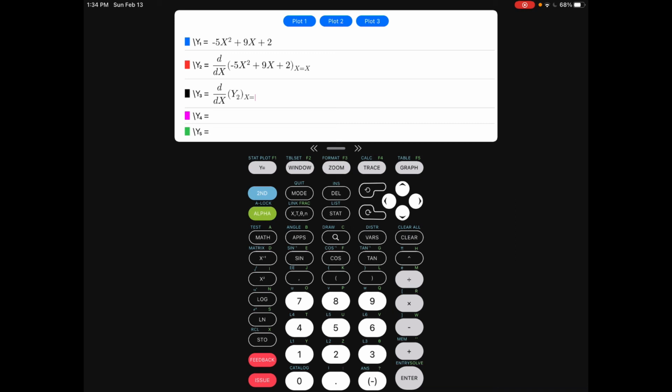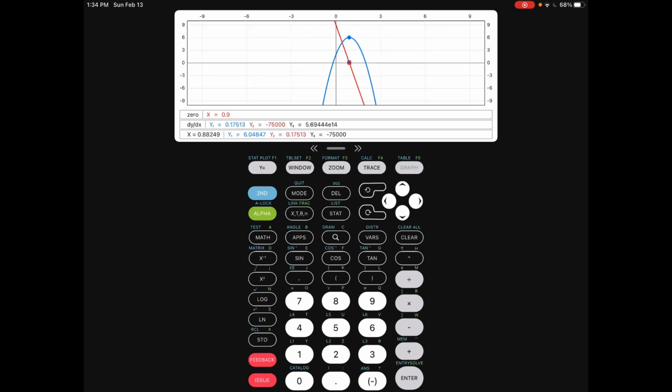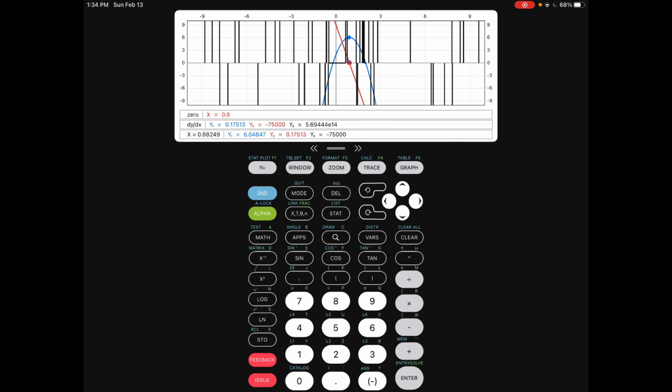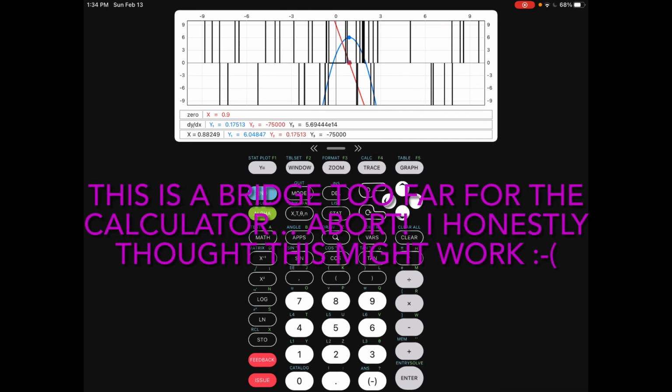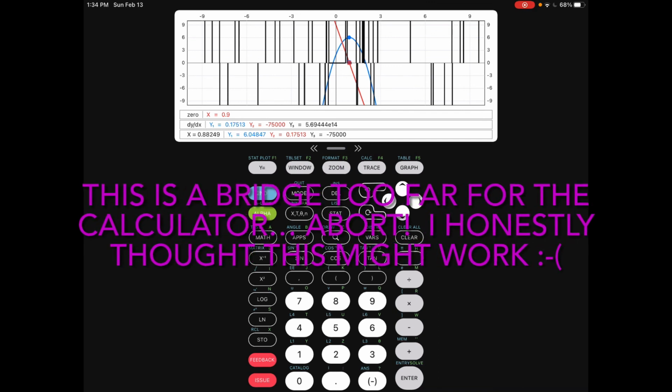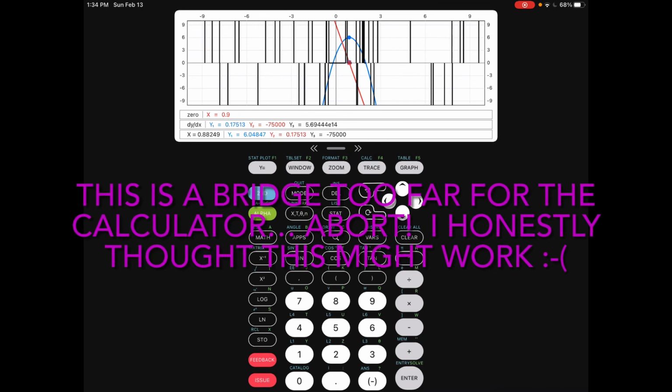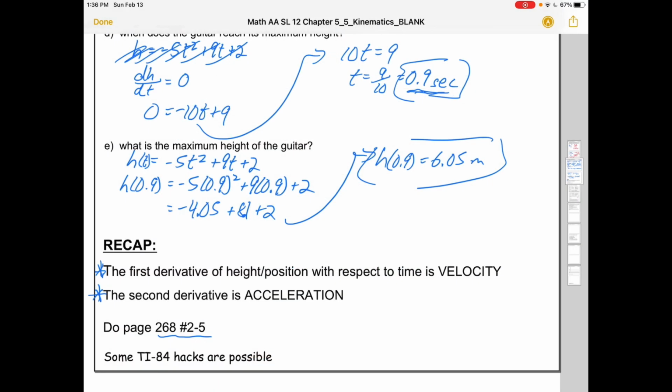I could have done this with the last one too. Okay, and then I'll get it to graph that. And it's going to have a really hard time. For most of these questions, you'll be working analytically, so it probably won't be a big deal, but there may be times when this can help out.